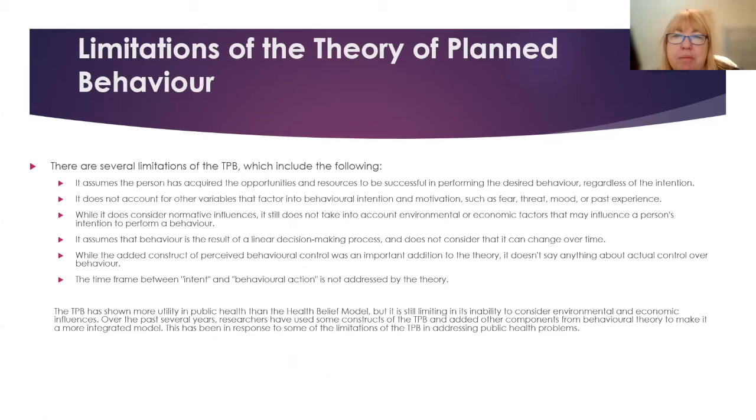So there are quite a few limitations of the theory of planned behavior. If you do use this one as an example, when you're criticizing it, these are the limitations. It assumes that the person has all the opportunities and the resources, often the money, to be successful in performing the behavior.